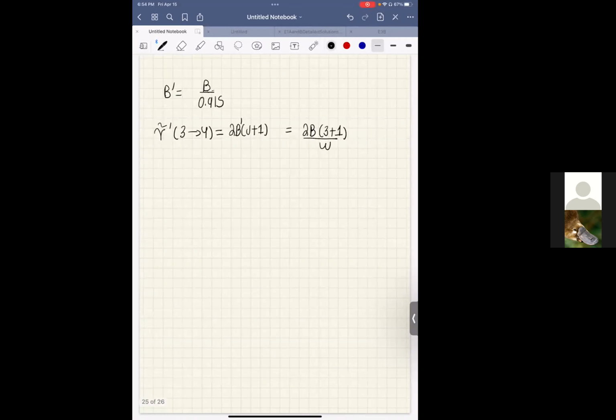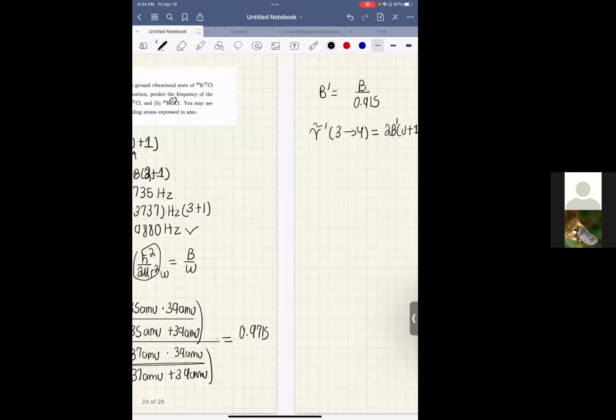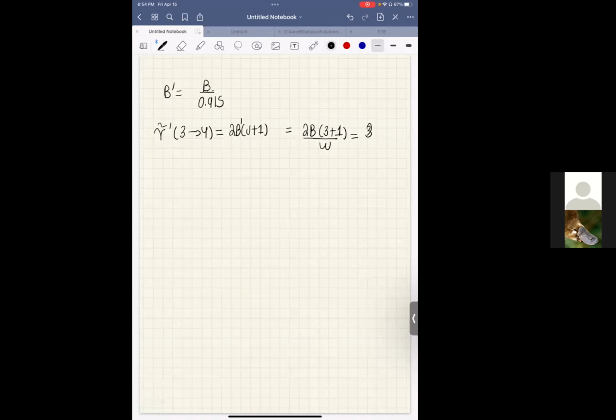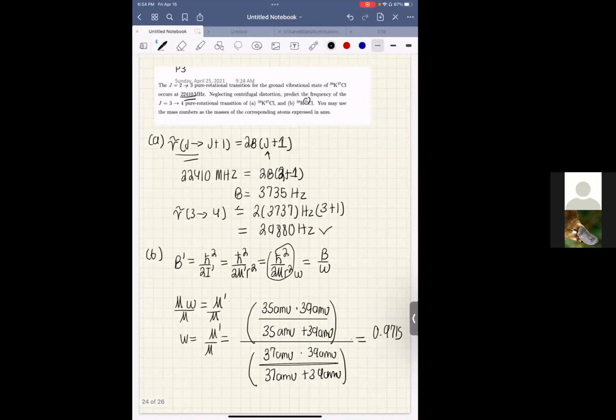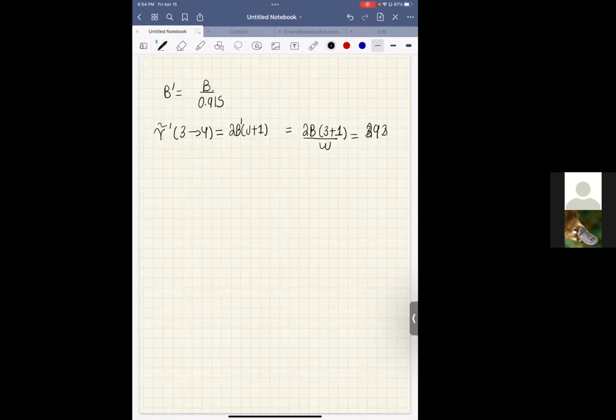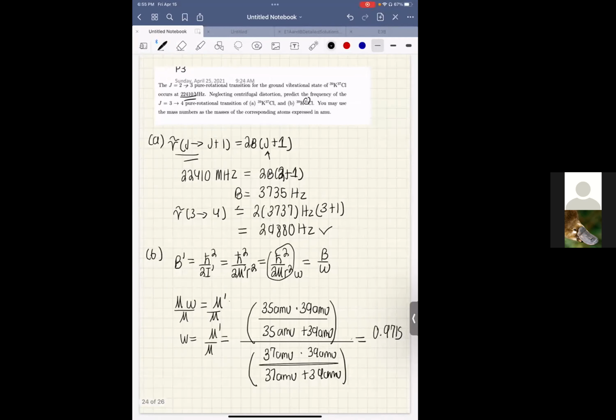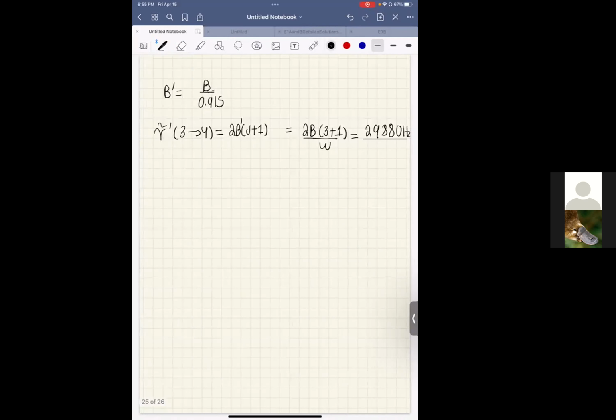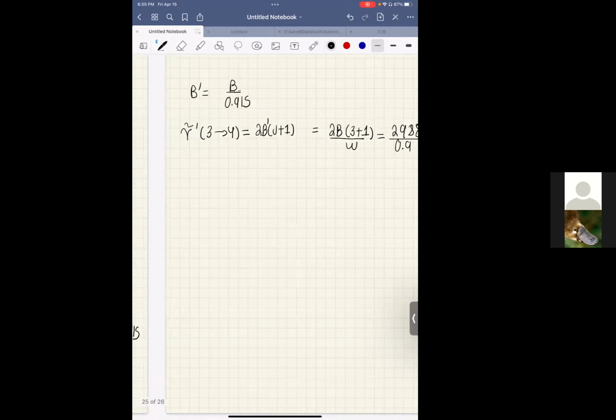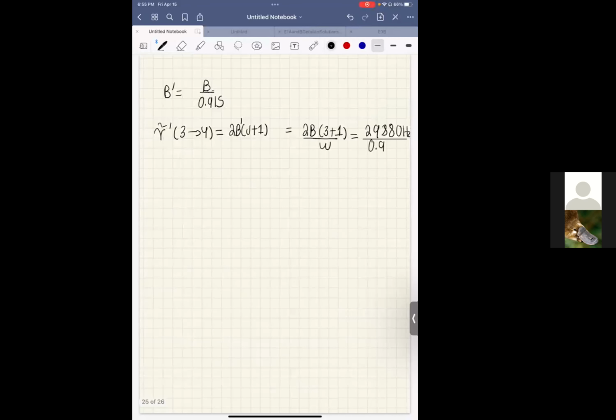So then this is going to be equal to 29,880 hertz over 0.9715.